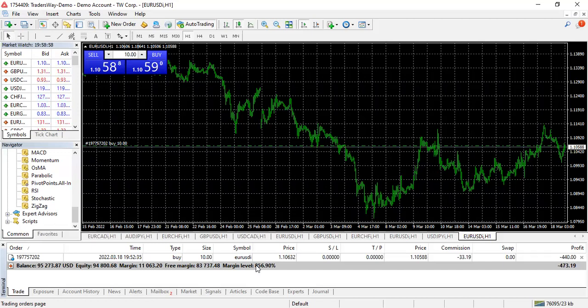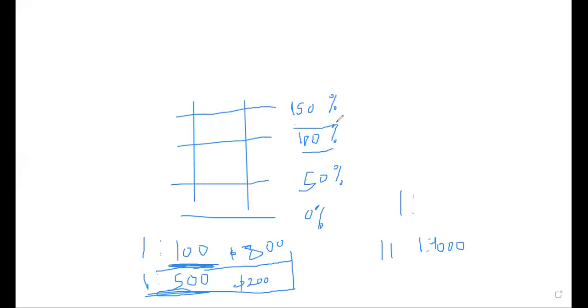So to calculate our margin level, we say it is equity divided by the used margin multiplied by 100%. Most brokers set it at the rate of 100%. When our account is less than 100%, we will receive a margin call. A broker will call you or give you a text message to notify you that your account is in danger. That is what the margin level is all about.